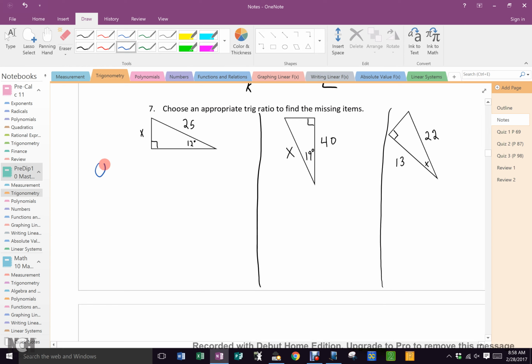Do I have a theta? Yes. What is it? 12. What else do I have? A hypotenuse of what? 25. And I need what? An opposite, which is x. What uses O and H? Sine. So it is sine 12.